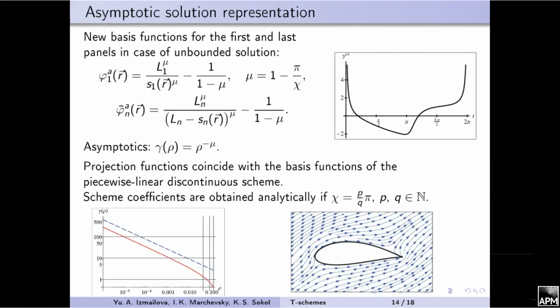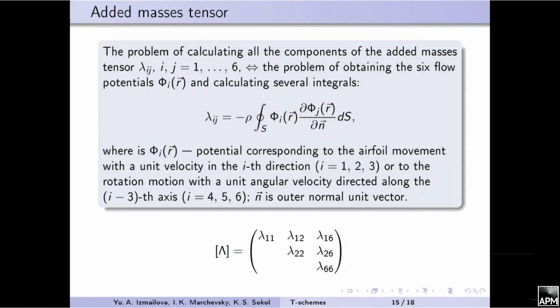And this method corresponds to the Galerkin approach. Due to the fact that convergence analysis is non-trivial for unbounded solutions, we will consider a model problem with a known solution, using our unbounded solution.